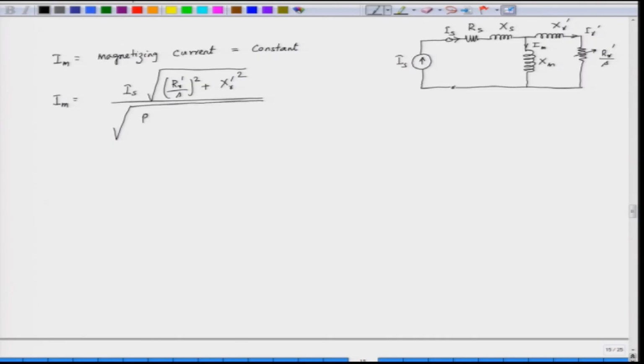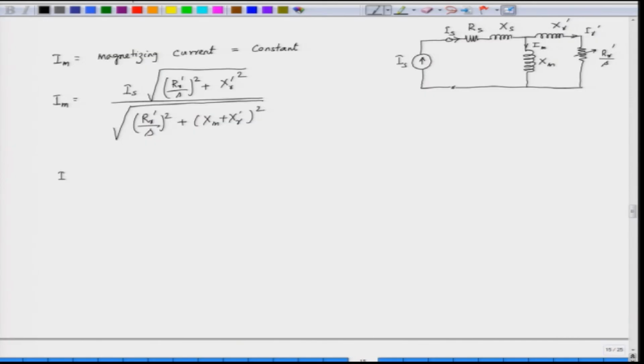under root (Rr prime by S) whole square plus Xm plus Xr prime square. Now, we square both the sides here.